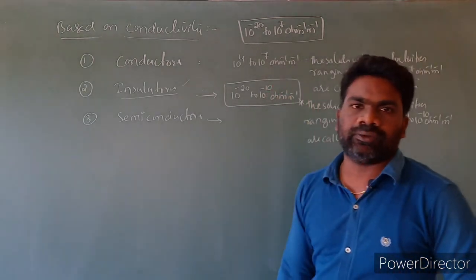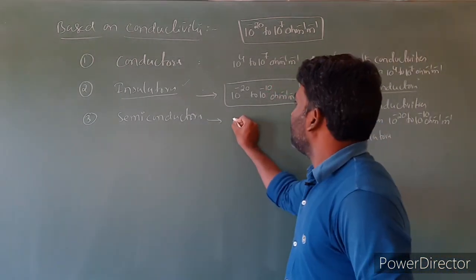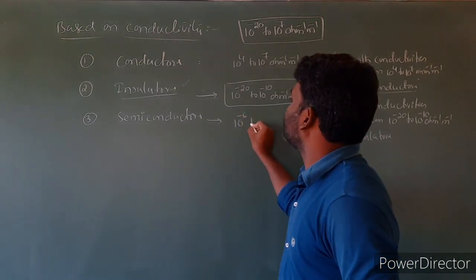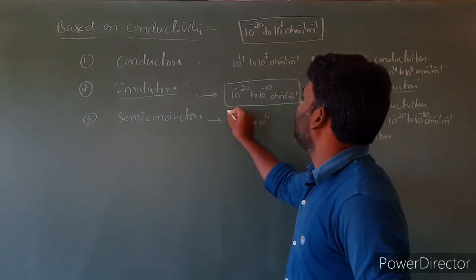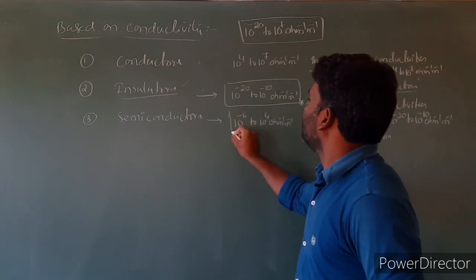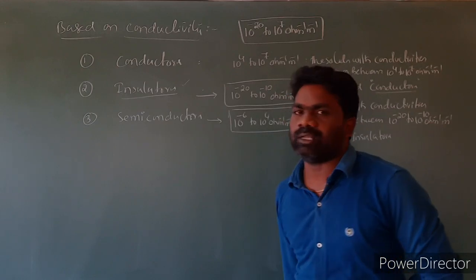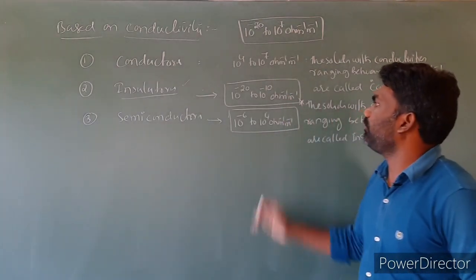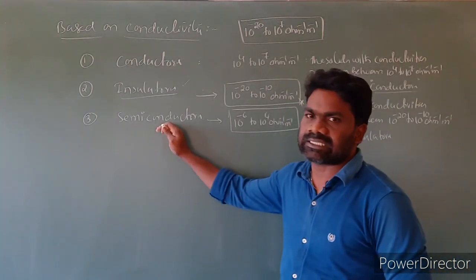Next, semiconductors. The solids with conductivity ranging between 10 power minus 6 to 10 power 4 ohm inverse meter inverse are called semiconductors.